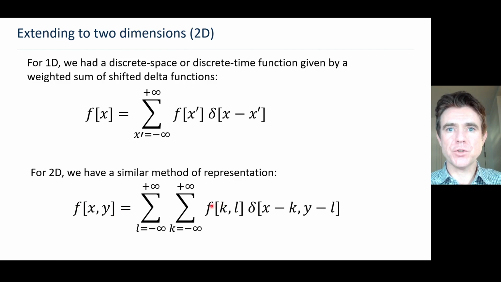And again, it's just a particular coefficient for a delta function defined in two discrete dimensions now. So we have the delta function shifted to x equals k, and the delta function shifted to y equals L. And then we evaluate the original function at position k and L. And that's the coefficient for that shifted delta function. We add them all together, and that reconstructs or synthesizes our original function.